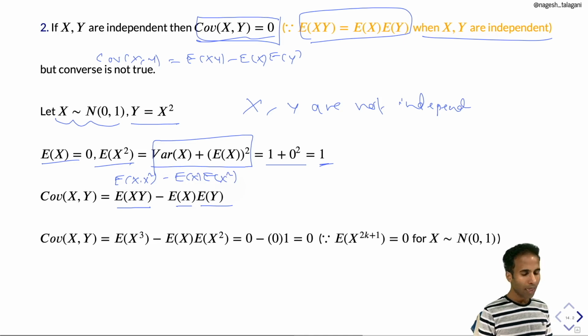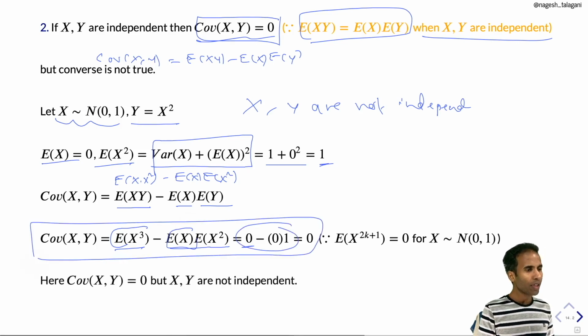So we have expectation of x cube minus expectation of x times expectation of x square, but expectation of x cube will be 0 because of the odd order moment of a standard normal random variable, and expectation of x is 0, so the whole thing is 0. Okay, so here covariance of xy is 0, but x and y are not independent. So whenever x and y are independent, we have covariance of xy equal to 0, but the converse may not be true. This is the counter example.